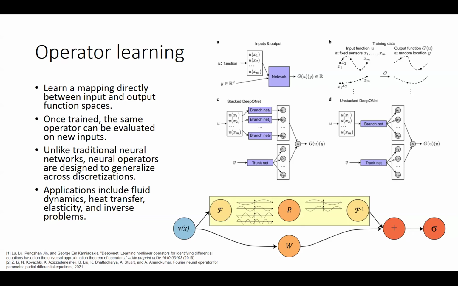The branch network processes the input functions at the fixed sensors, and the trunk network processes spatial or temporal coordinates. Then the outputs are combined via a dot product. They give us a continuous prediction, like G of u of y in that equation.